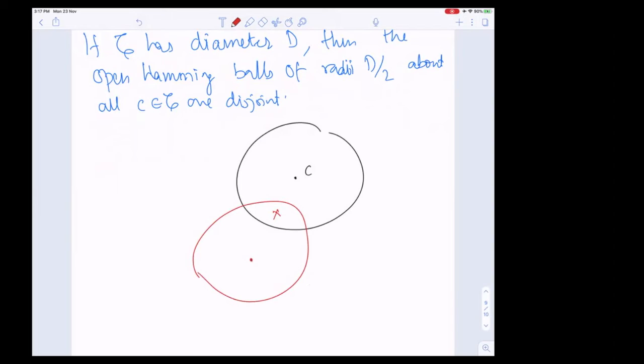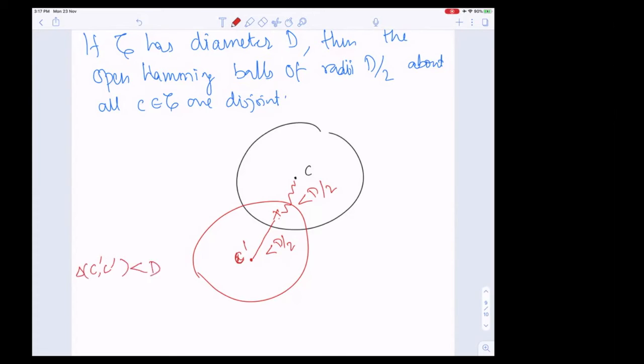So if this is not disjoint, then there is an element which belongs to both. Now look at this distance. This is less than or equal to d by 2. It means the number of places where this and this differ is at most d by 2. This is what I mean by open. What can we say about c prime and c then?